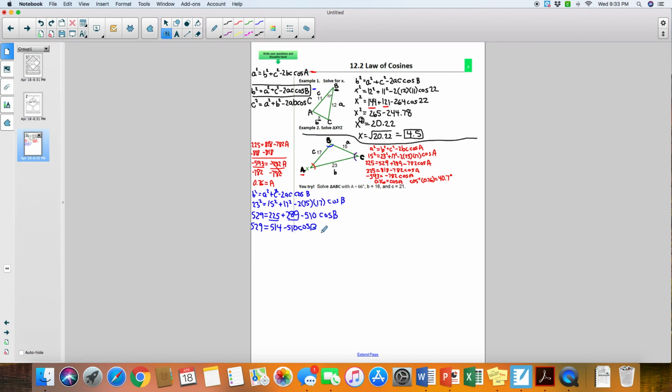Again, just like we did up here, imagine that cosine B is just one variable. So imagine that this said 510B. To solve for that variable, I get rid of anything added or subtracted first. So I will remove the 514 by subtracting it on both sides.